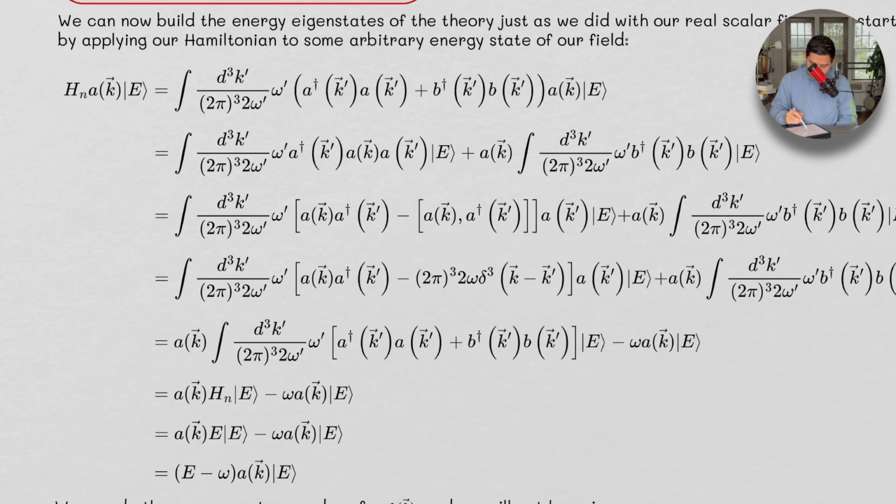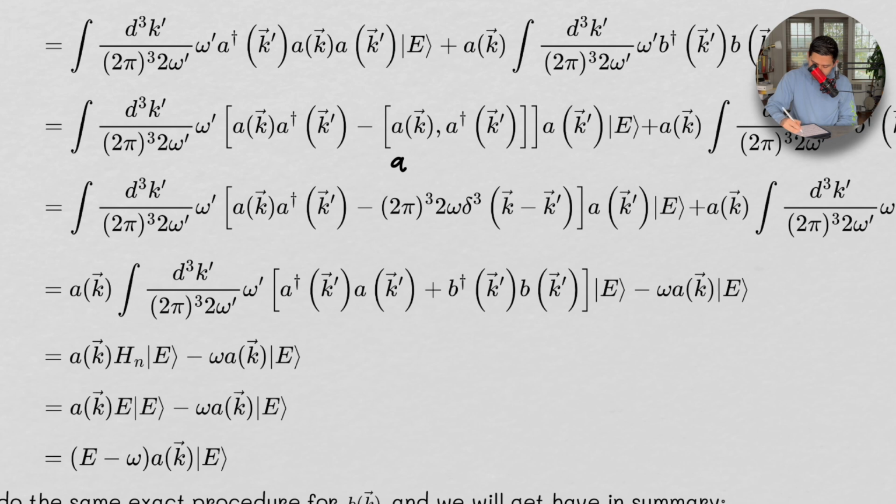This is a dagger minus, if we write this out, a dagger minus a dagger a. We have the a dagger minus that. So these two are going to cancel, right? And we get a dagger a right here.